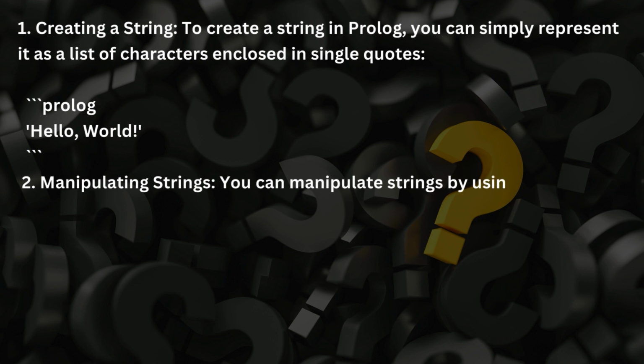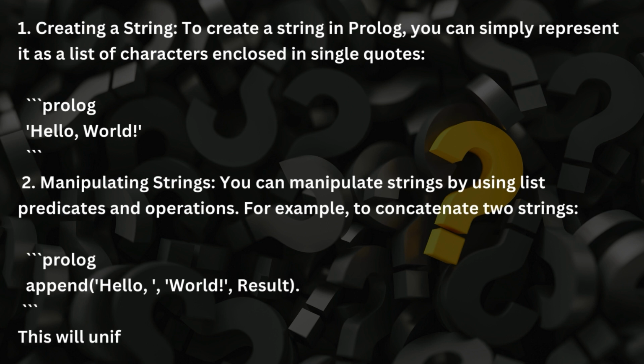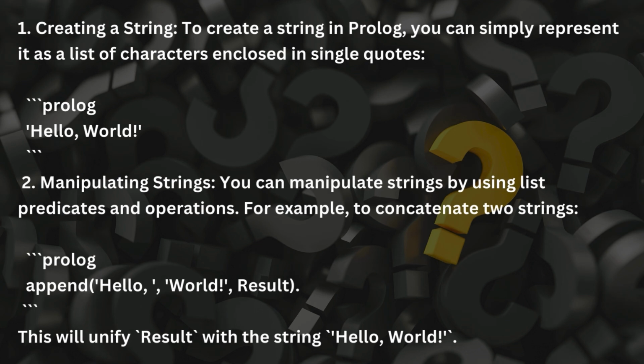You can manipulate strings by using list predicates and operations. For example, to concatenate two strings in Prolog, you can write append(hello, world, Result). This will unify Result with the string hello world.